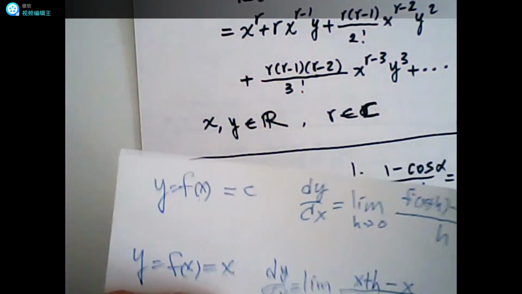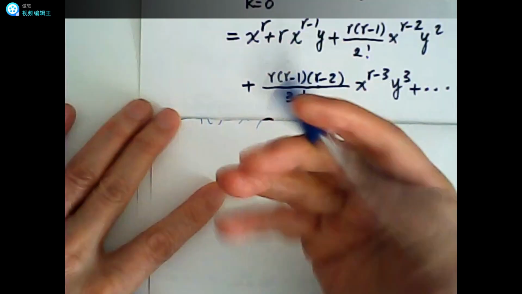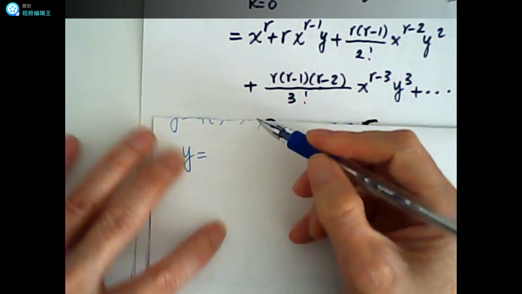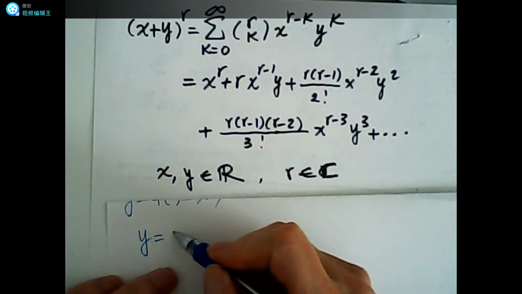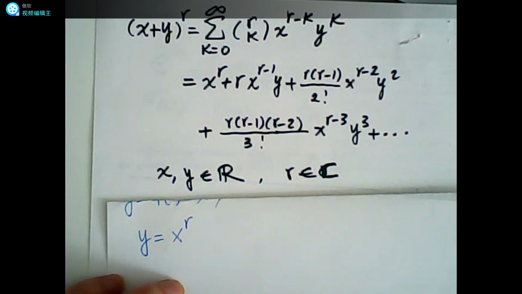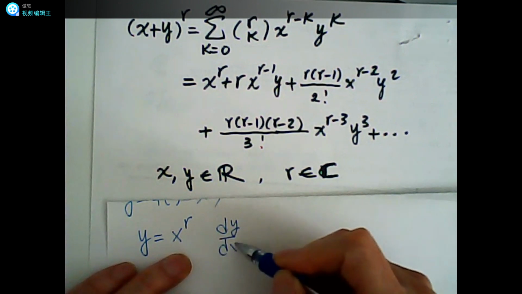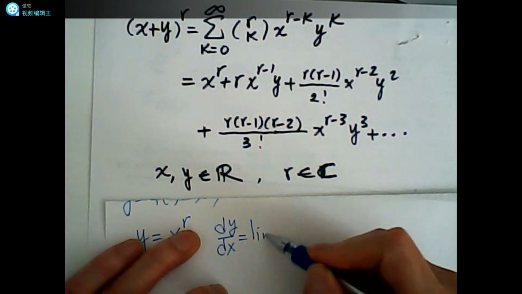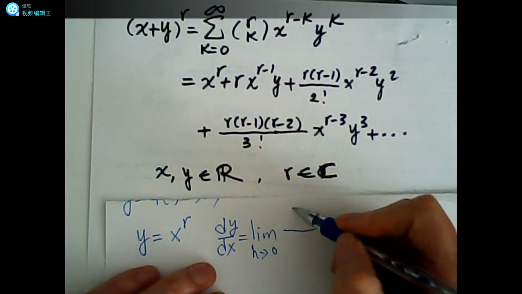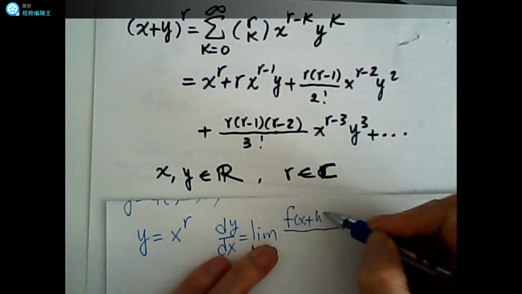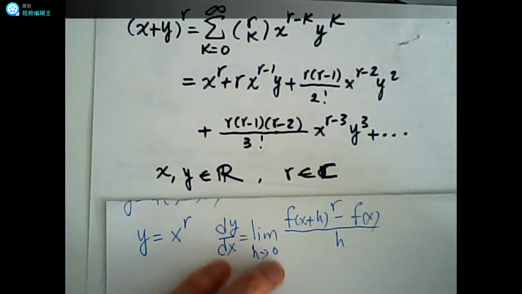Now, let me do it step by step. Given that y is equal to x to the r. Okay, this is a function. Then we want to find dy/dx. According to the definition, that is the limit as h goes to 0 of f of x plus h, which is x plus h to the power of r, minus f of x over h.